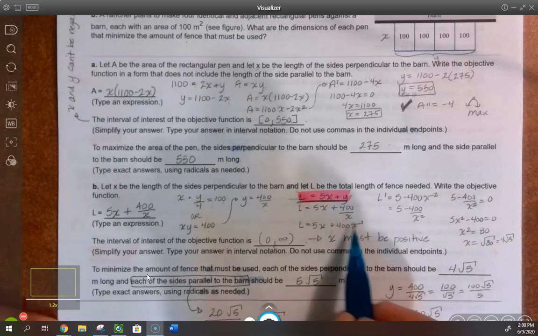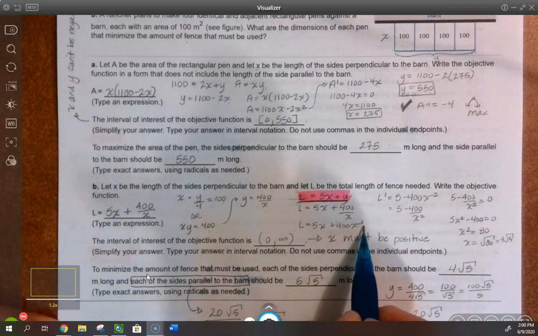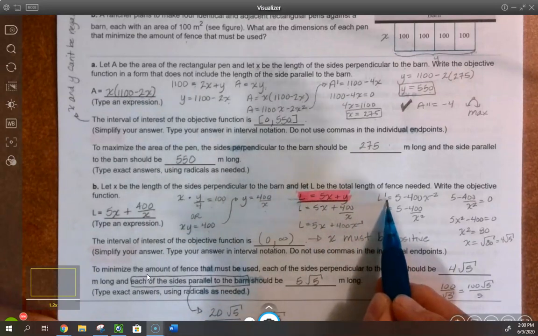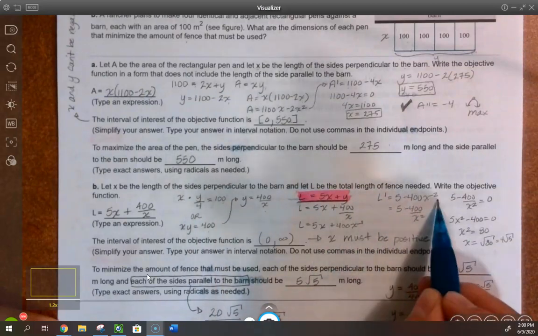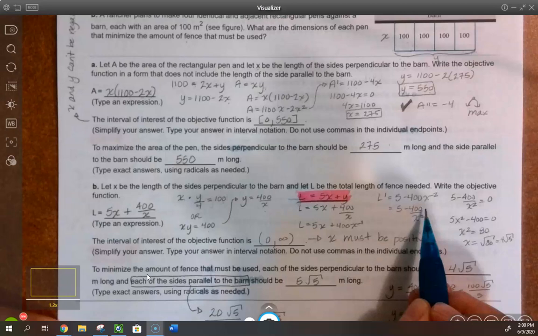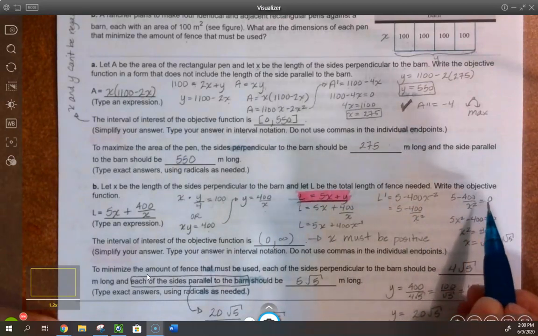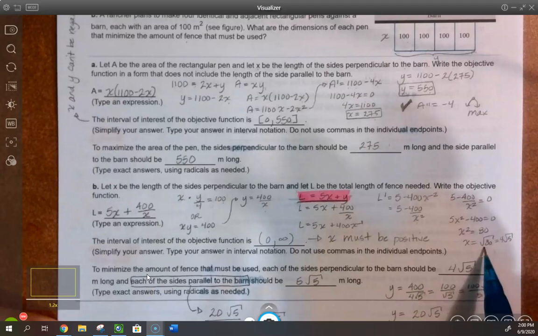So I just wrote this with the 400 over x, and I wrote it as 400x to the negative 1, so I could take the derivative. L prime is 5 minus 400x to the negative 2, which is 5 minus 400 over x squared. I set that equal to 0. When I set that equal to 0, I end up getting x squared equals 80, or x is equal to the square root of 80.